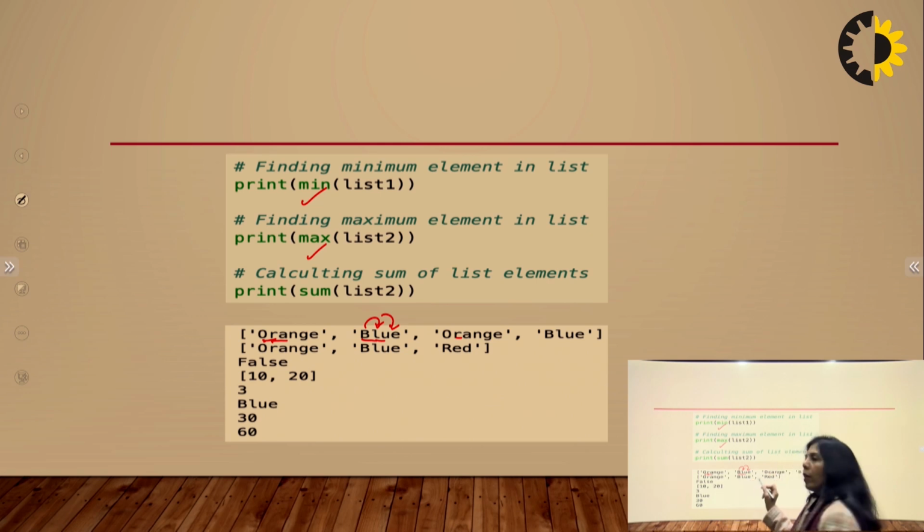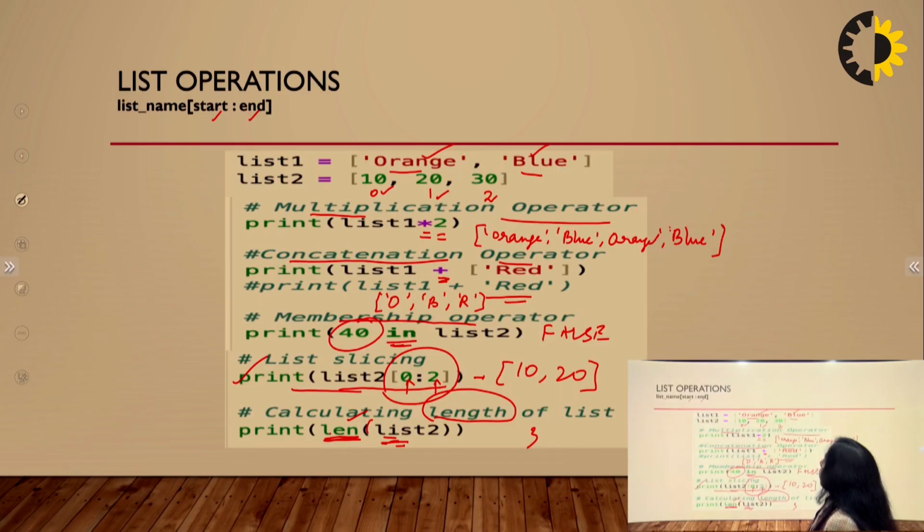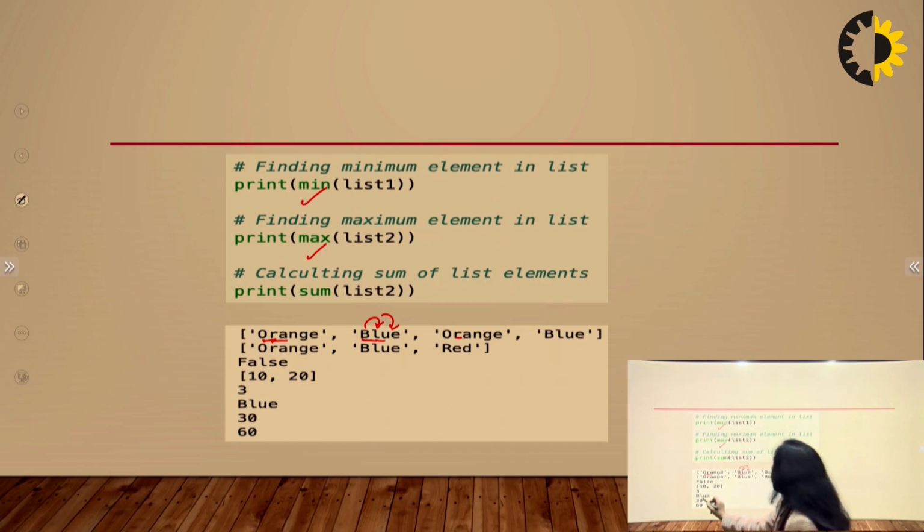So either the ASCII value or directly the number is considered. In our list 1, when we compare O and B, B has the lesser value, so the minimum value will be blue.